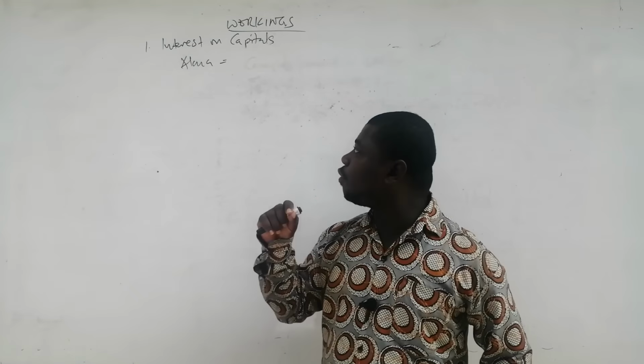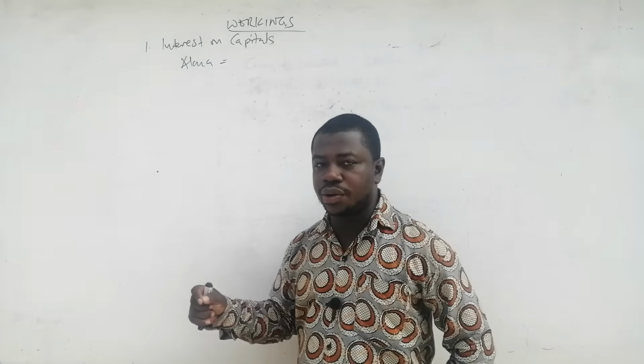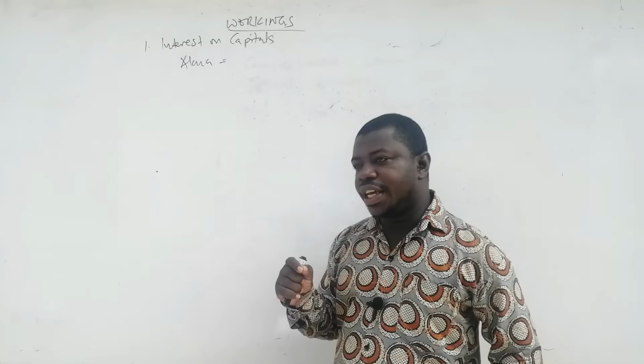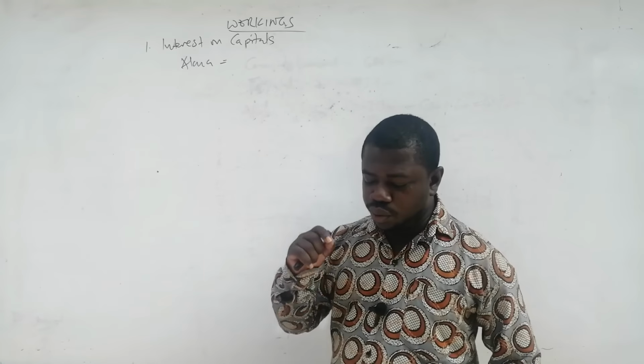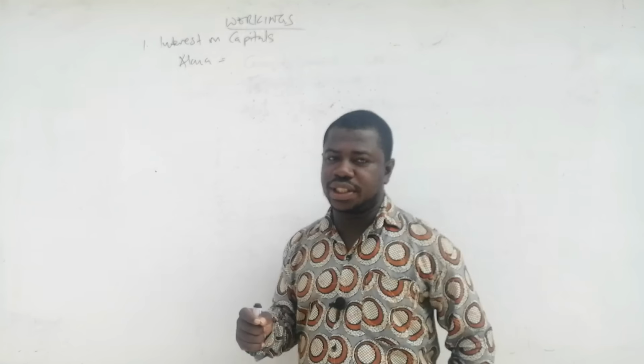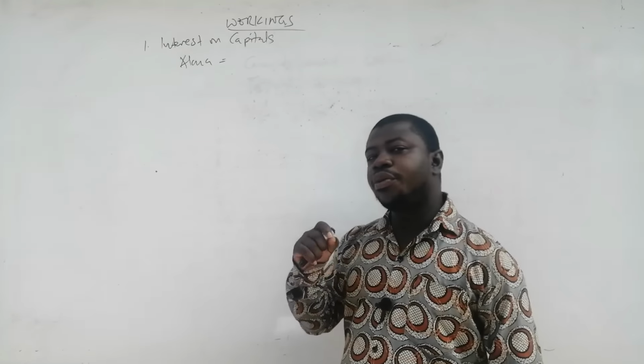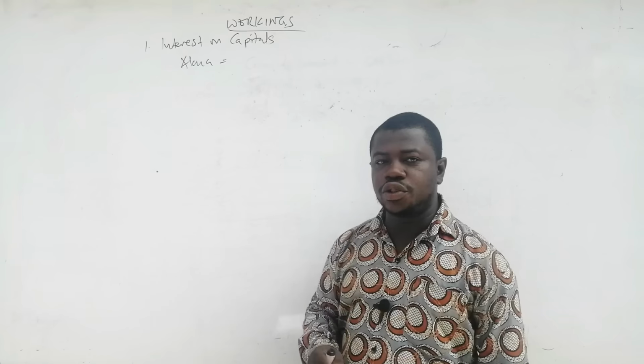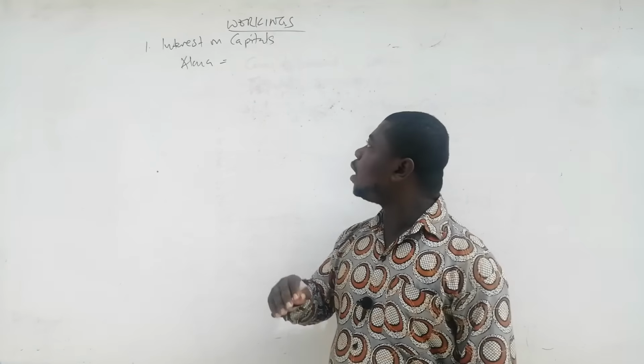Now, from the beginning of the year, Equia's capital was 72,000. In the middle of the year, Equia took out 8,000 of the capital. It means that Equia will be left with 64,000 from 1st July till the end of the year. Now, what do we do?